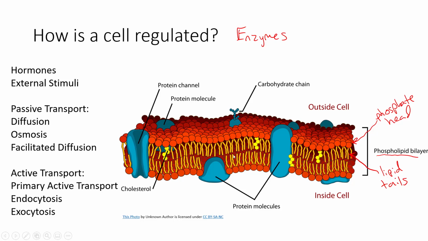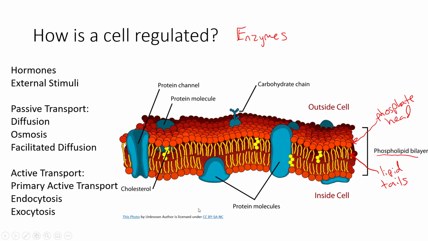So even water has to have a particular doorway to get from one side of the cell to the other. It's called an aquaporin, aqua for water, porin for a pore, and those pores allow water to travel inside and out.